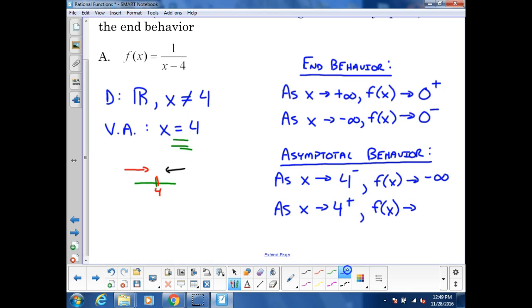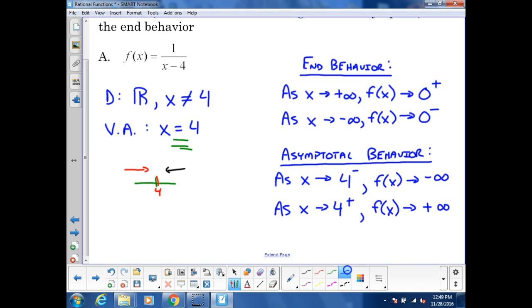Because now if we think of like 4.1, right? It's on the right side of 4. Okay? 4.1 minus 4 is going to be positive. Small number. 1 divided by a positive small number is going to go to positive infinity.